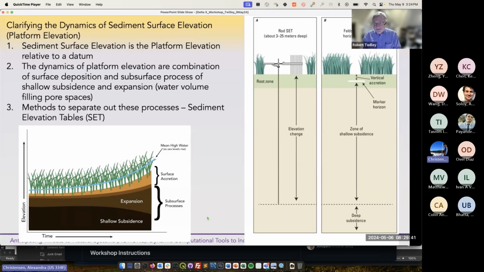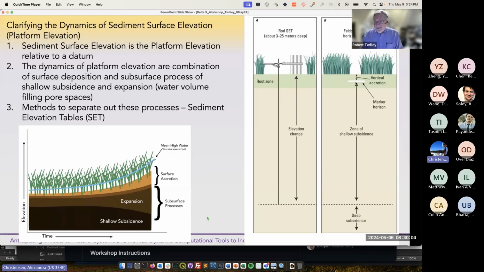Thus, the organic matter becomes a real important part of that elevation gain. Now there's shallow subsidence, there's expansion and contraction of the layers beneath this zone, and that also contributes to surface elevation. So you do not get the absolute surface elevation of a platform with this model.